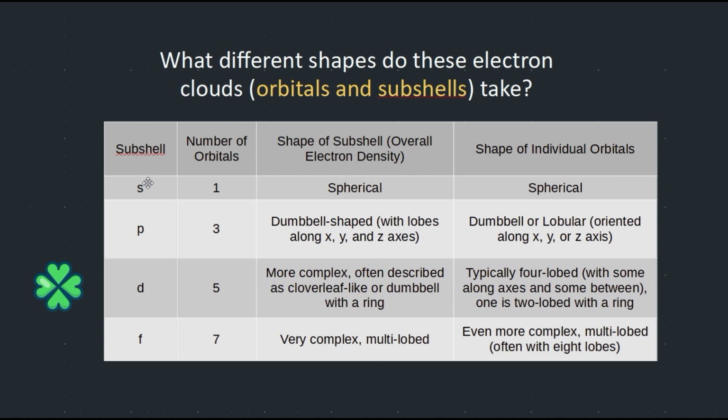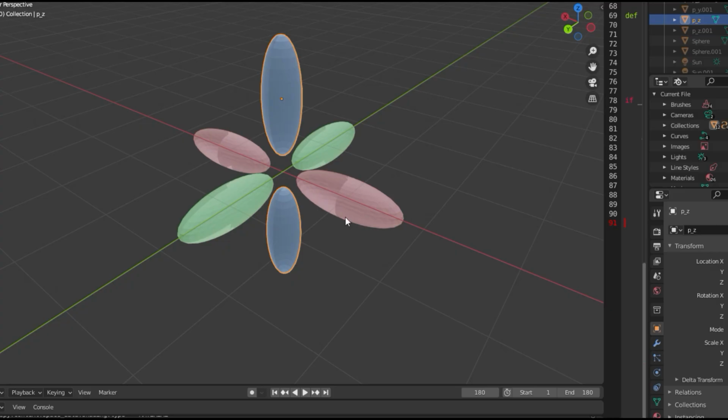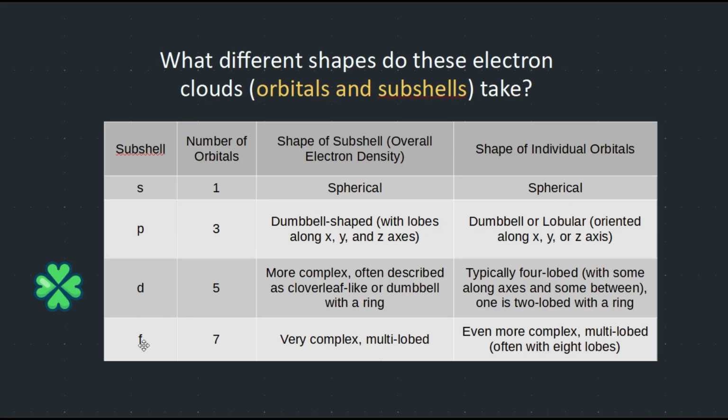So the S subshell has 1 orbital, P has 3, D has 5, and F has 7. Here you saw P, this is a P subshell, and it has 1, 2, and 3 pairs of orbitals. As simple as that. D and F are made up of more complex structures. It's a space, it's a region basically, and that region takes up a special shape, and that's what I'm oversimplifying.